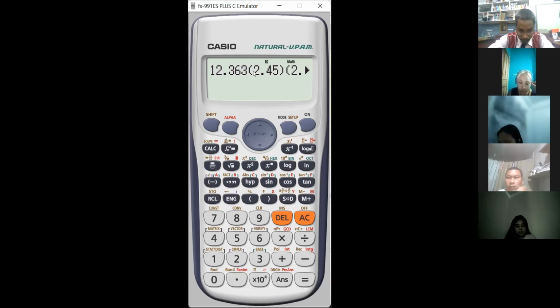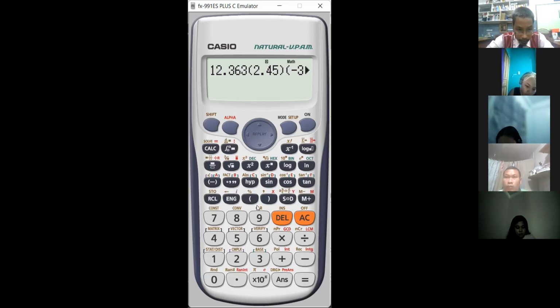And our temperature is negative 340, and then subtract positive 80. Okay, so this is our formula.